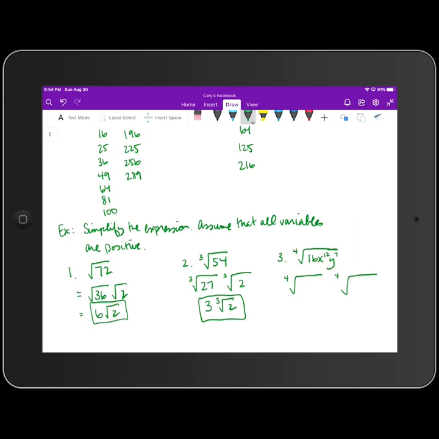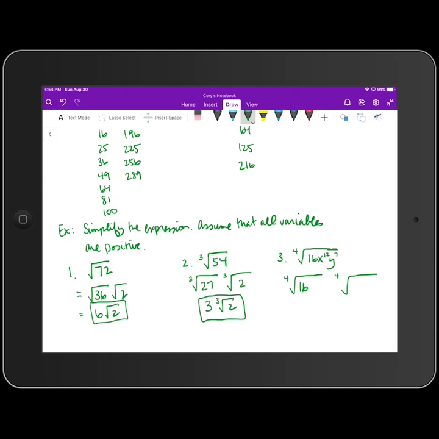When we look at the number 16, 16 is 2 to the 4th power, because 2 to the 1st power is 2, 2 squared is 4, 2 cubed is 8, 2 to the 4th power is 16. So that's going to be a perfect value raised to the 4th power.